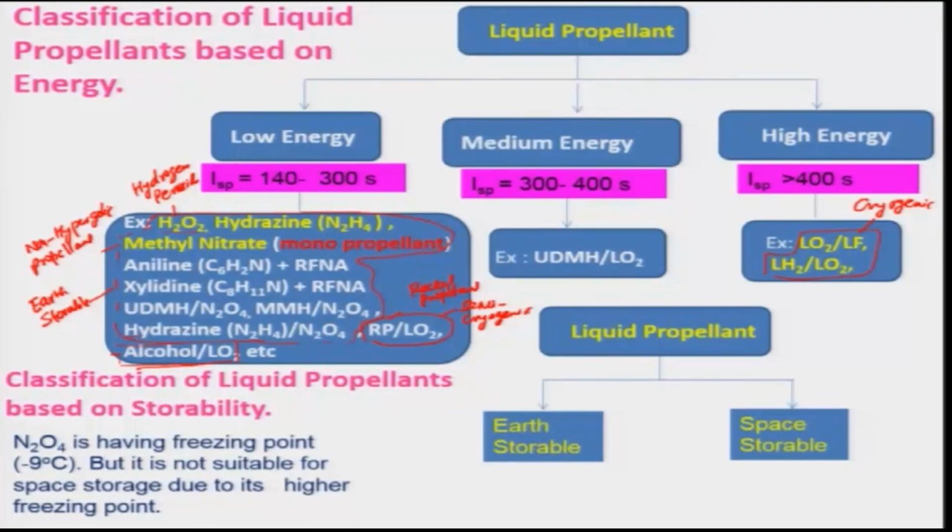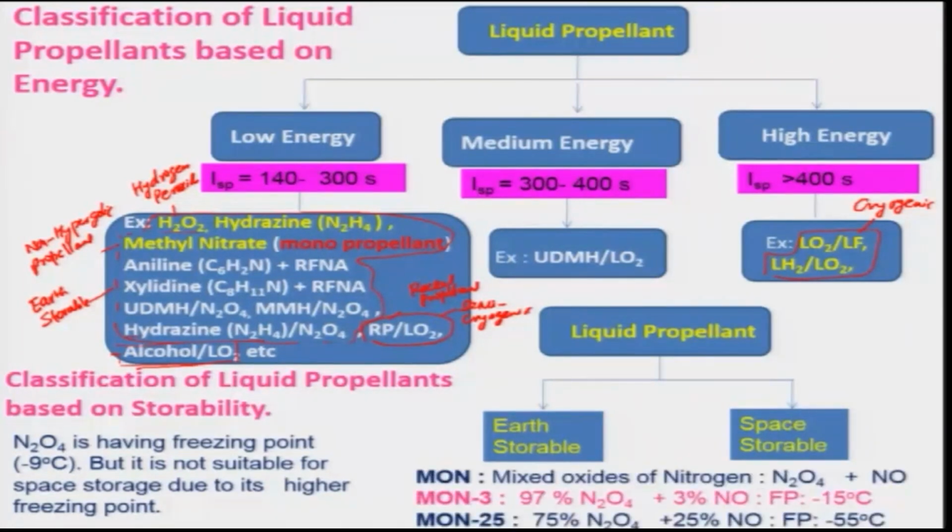Now, the question arises, what will be the solution? People have used mixed oxides of nitrogen, that means nitrogen tetroxide mixed with nitric oxide. MON3 is a mixed oxide of 3, which indicates that 3% nitric oxide is added to 97% nitrogen tetroxide.